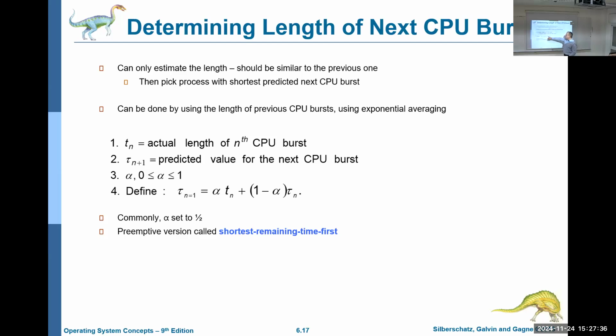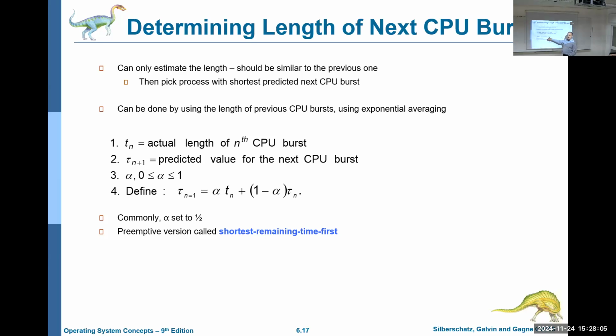And then 1 minus alpha, which if alpha is 50%, will also be 50%, is times the prediction that I previously had, which if I'm starting off at 10 is 10. So it's 10 times a half, that's 5. And then let's say my current burst was 7. So it'll be half of 7, 3.5.